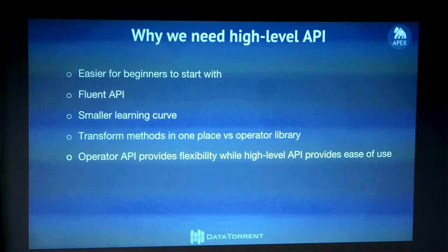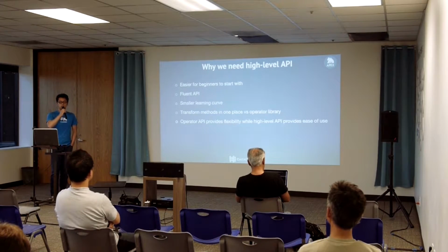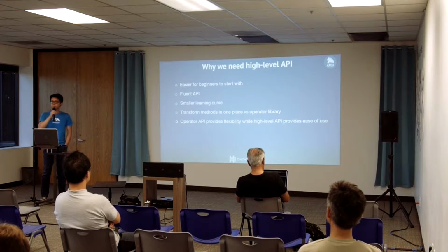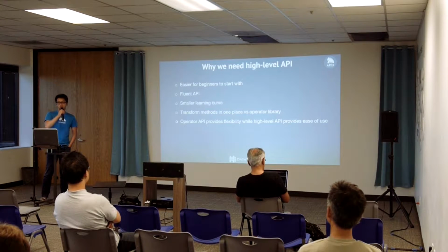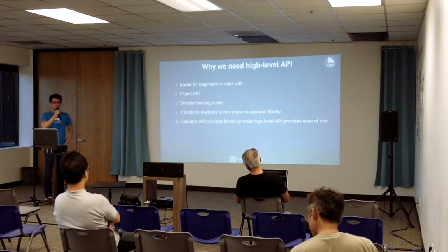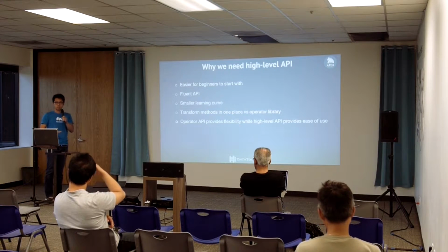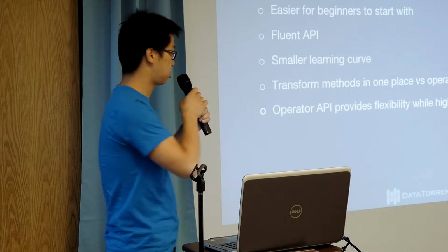And also we like the idea of the more and more popular fluent interface. For example, if you look at the new stream interface introduced in Java 8, it does method chaining, and the readability is very good. And also, we want to provide a similar API to Flink and Spark Streaming, which are already very popular in this field. We want to cut the learning curve for other users.